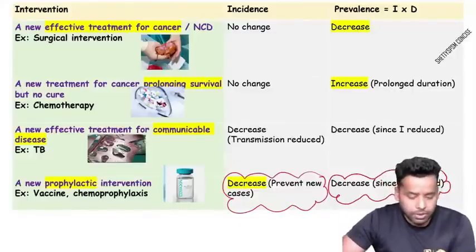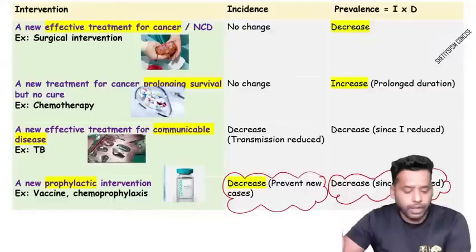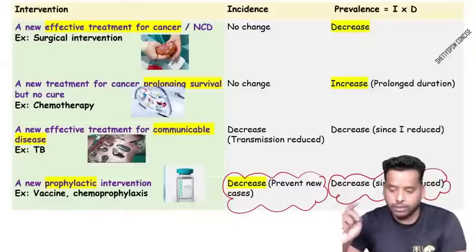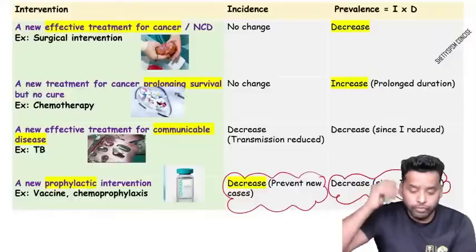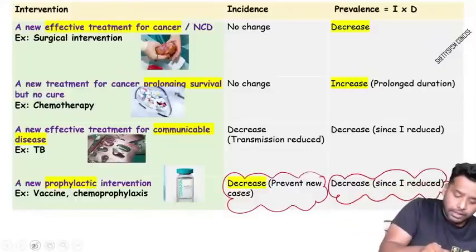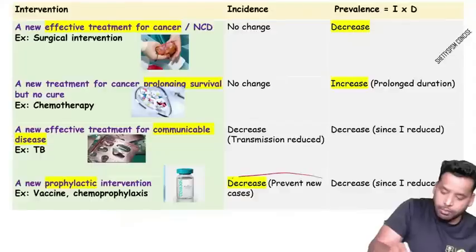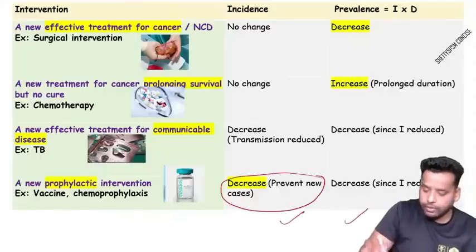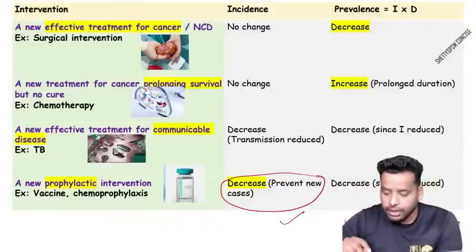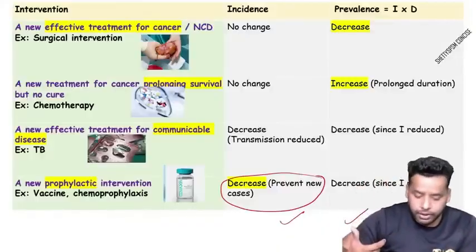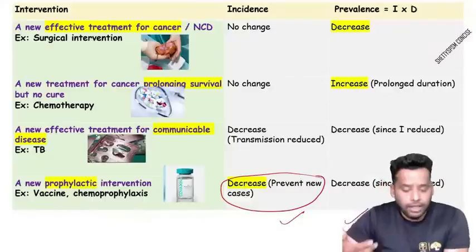So something which is preventive, vaccine, immunoprophylaxis or chemoprophylaxis, both will reduce. If I want to check the impact of a preventive intervention, see the words in the notes. Impact of a preventive intervention, which is a better indicator? Both will come down, but my question is like this.